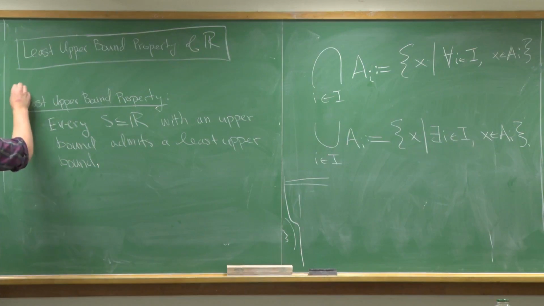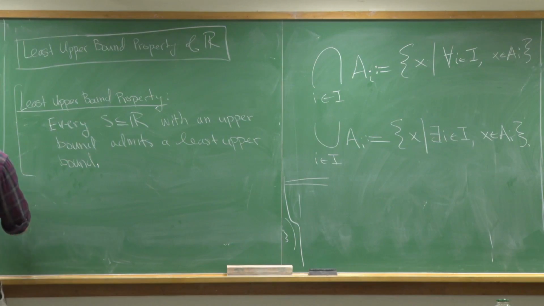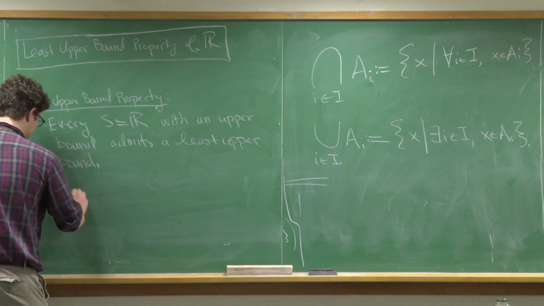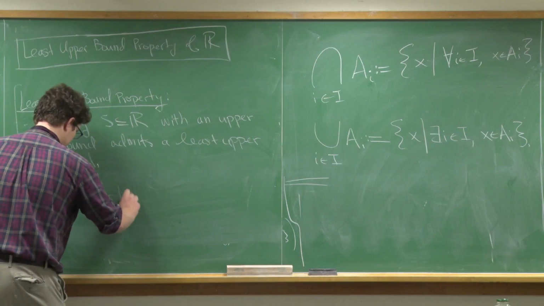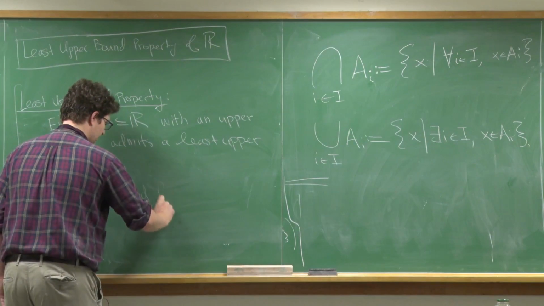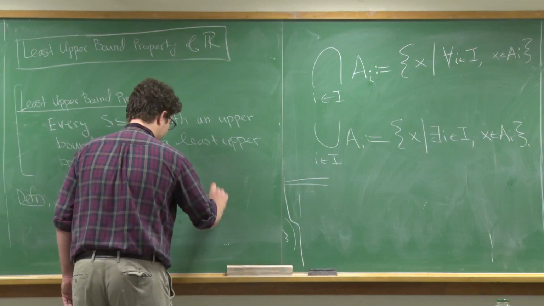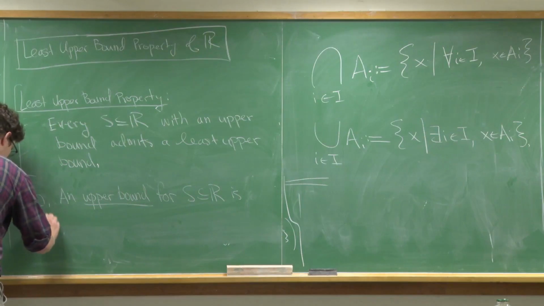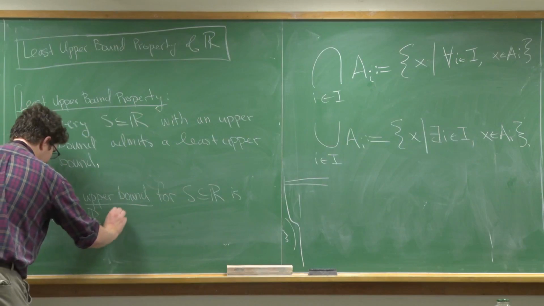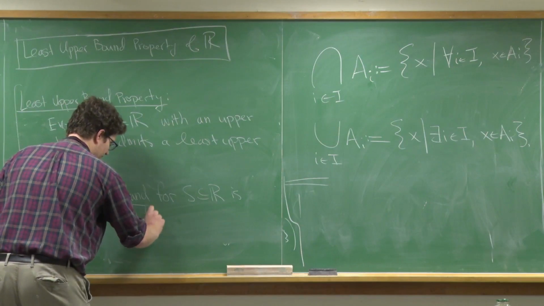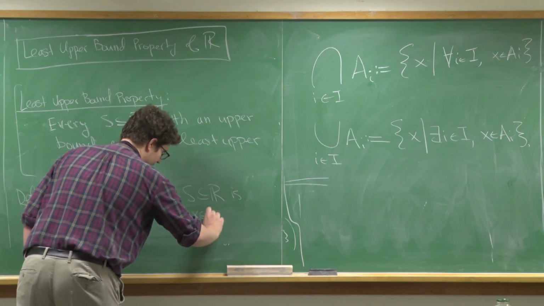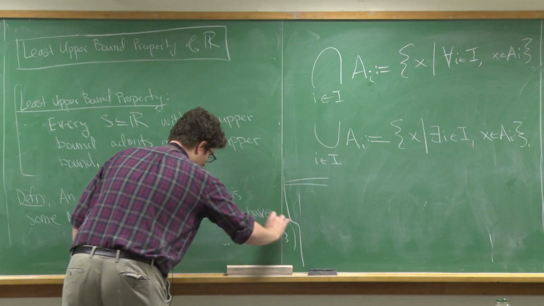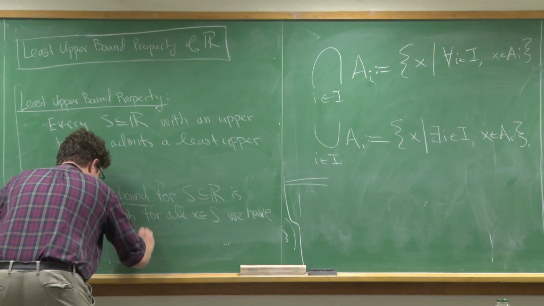Okay, so let me explain what these things are. Let me give you a definition. An upper bound for a subset of the real numbers is some m in the real numbers such that for all x in this set, we have that x is less than or equal to m.